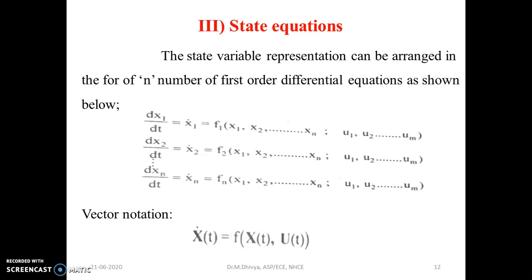The set of all possible values which the input vector u of t can have at the time instant t forms the input space of the system. Similarly, the set of all possible values which the output vector can assume at time t forms the output space of the system.